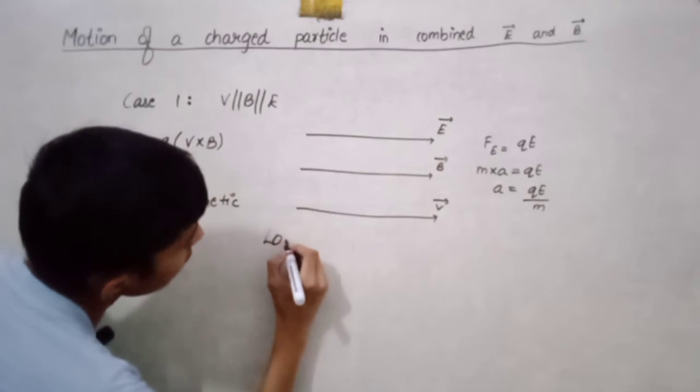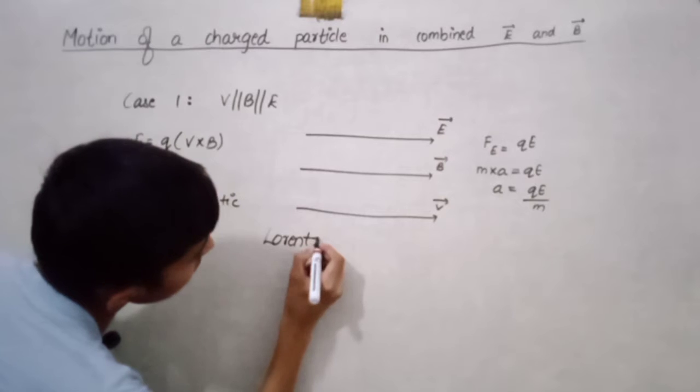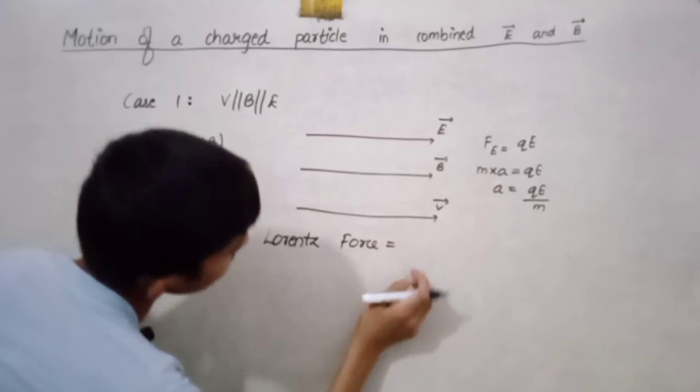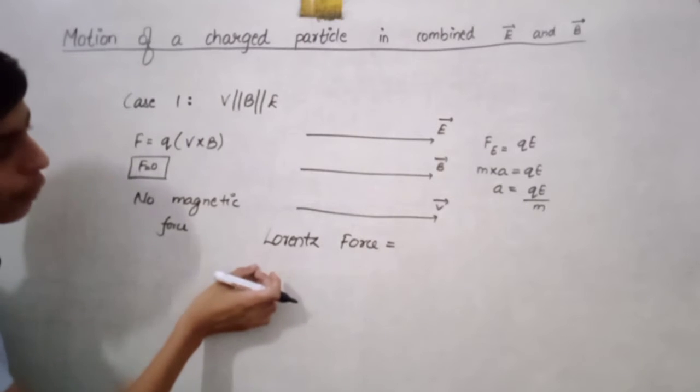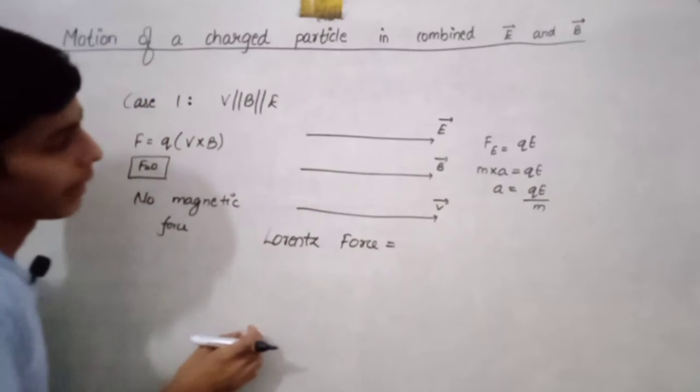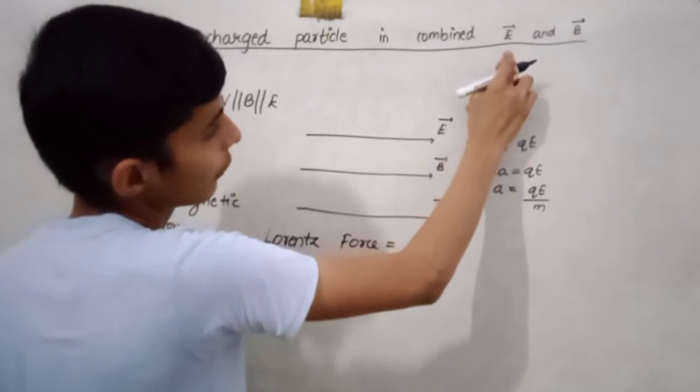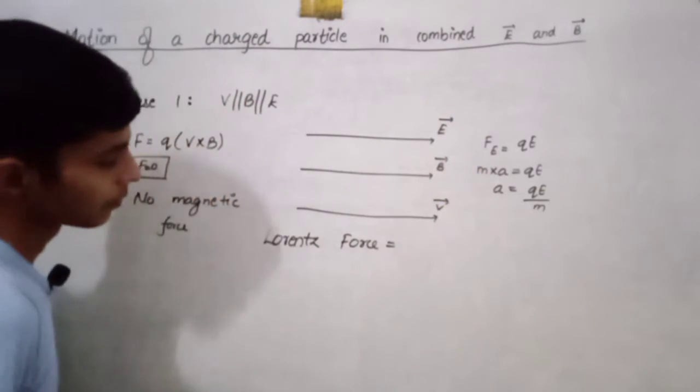So our Lorentz force is a force which acts on a particle when a particle is placed in combined electric field and magnetic field.